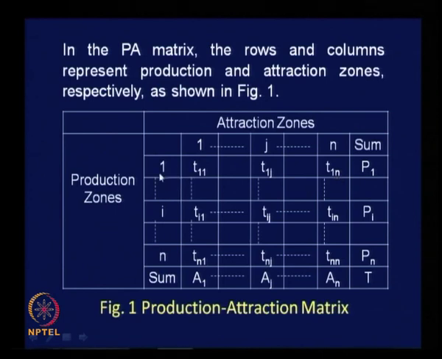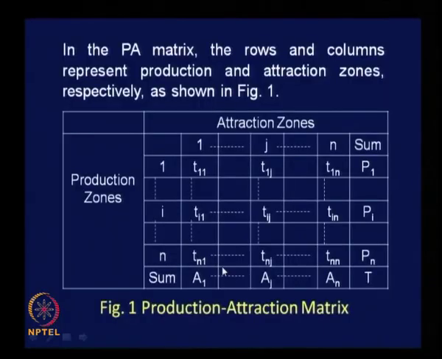That means the distribution pattern pertaining to zone 1 is given along one row. So if you sum up all the cell values, you must get the total trip production of that particular zone, isn't it, because we just distribute the total trip production between the zone under consideration and all other zones. So obviously when you add up all the cell values along a row, you need to get the total trip production of that particular zone.